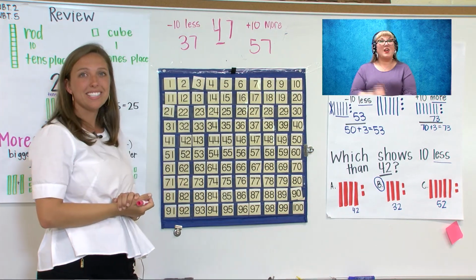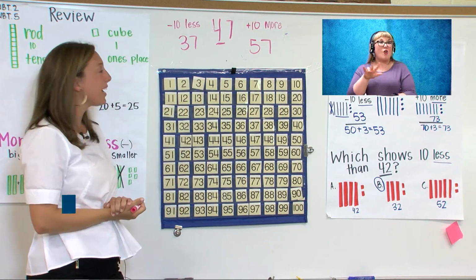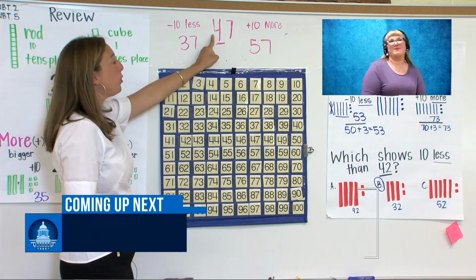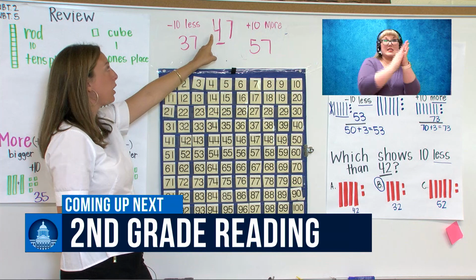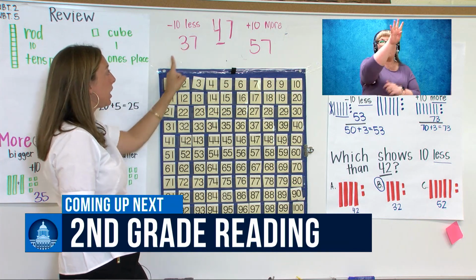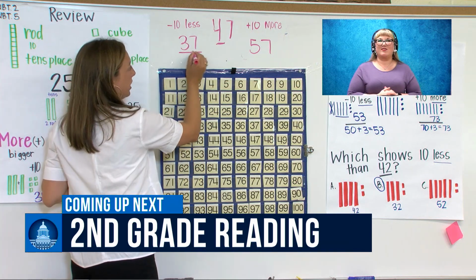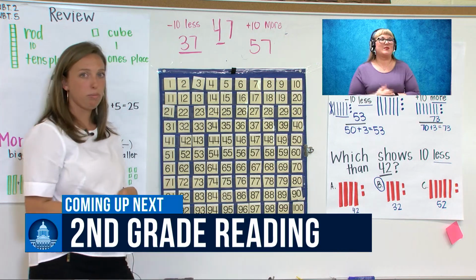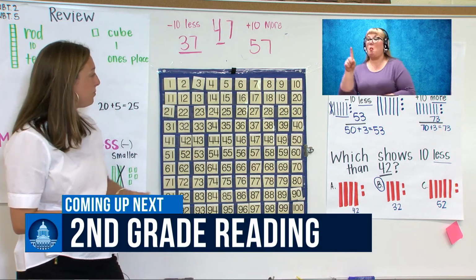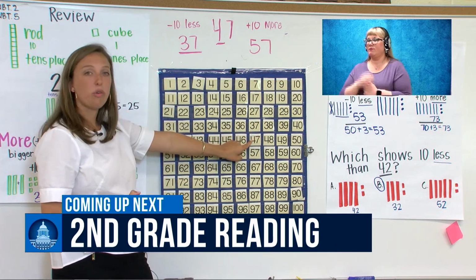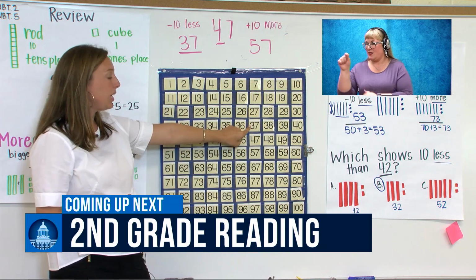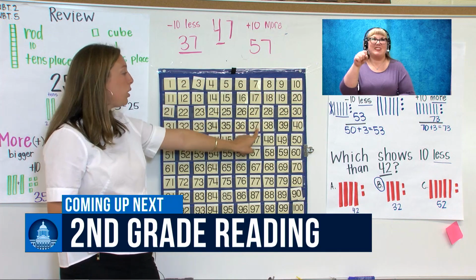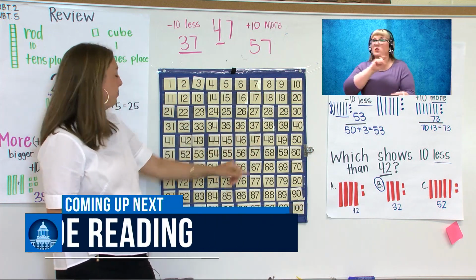If you got 37, give yourself a pat on the back. When you have a 4 in the tens place and you take away a 10, you go from 4 to 3. It will give you 37. Let's look back on our hundredths chart just to check. We're at the number 47. We take away a 10. We get 37. The ones place did not change.